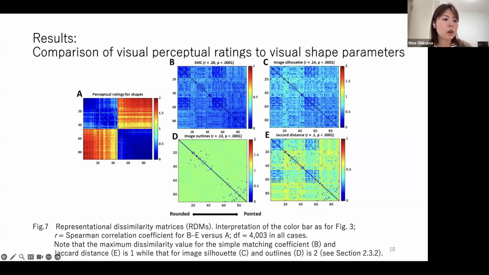After correction for multiple comparisons, there were significant positive correlations for the SMC, image silhouette, image outlines, and the last one, Jaccard distance, but not for the spatial FFT.